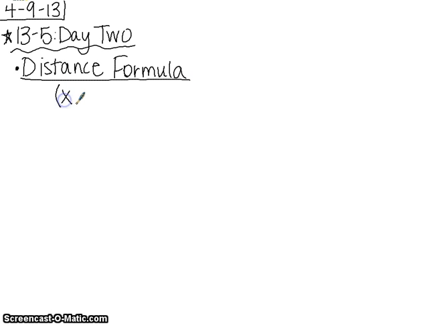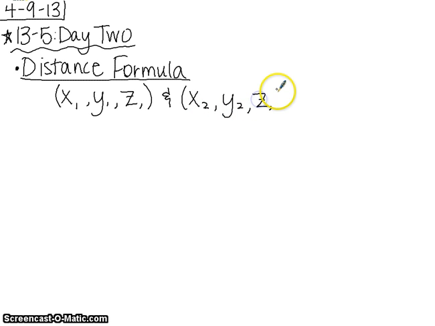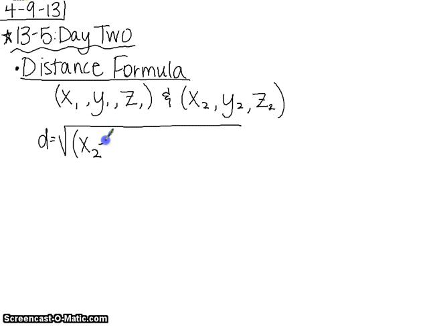So if I have two coordinates, x1, y1, z1, and x2, y2, z2, the distance formula looks like this: x2 minus x1 squared plus y2 minus y1 squared.